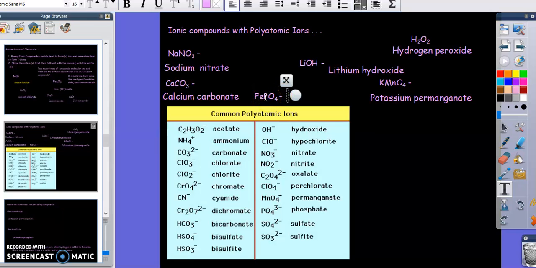So what that means is iron was a +3. Phosphate is a -3, and because they have like charges, they cancel out. So the name of this little monster is iron 3 phosphate.